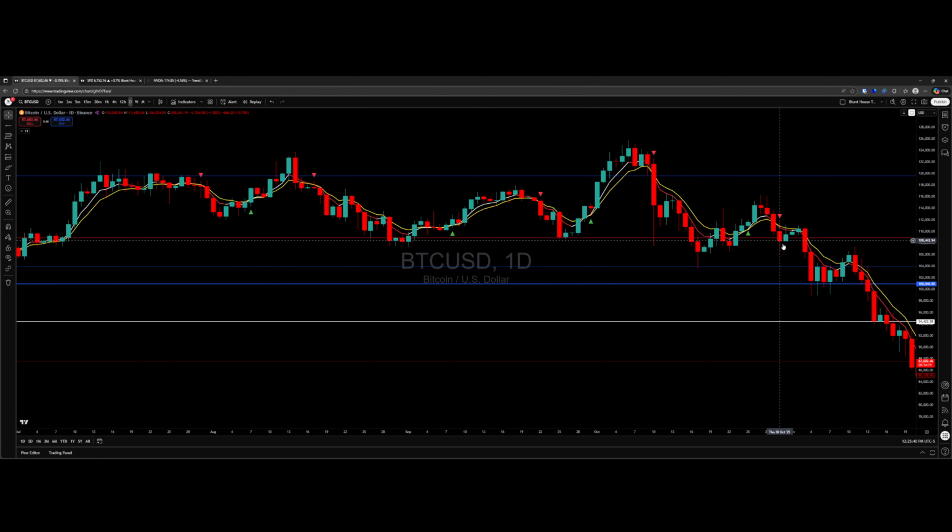Failed breakout does what? Comes back, takes out the previous wave's low. When this broke out, it took out this level here and then faded right away.